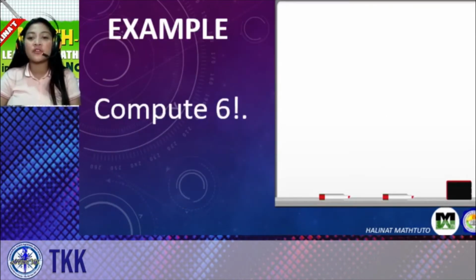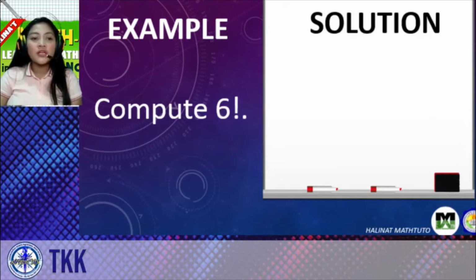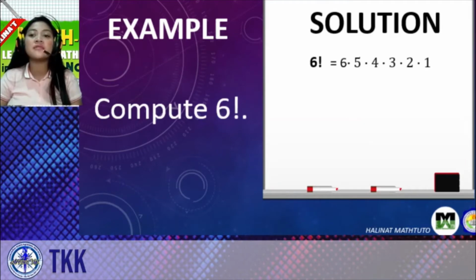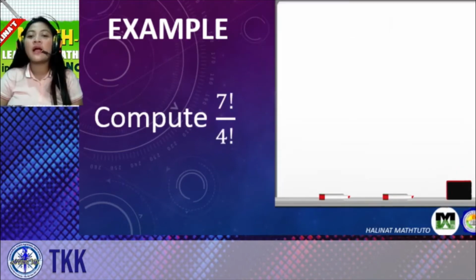Compute 6 factorial. Our solution will be 6! is equal to 6 times 5 times 4 times 3 times 2 times 1. And that is equal to 720. Another example, compute 7 factorial divided by 4 factorial.